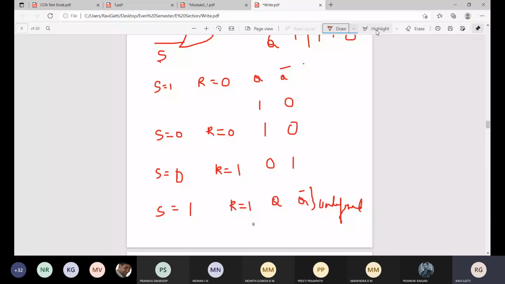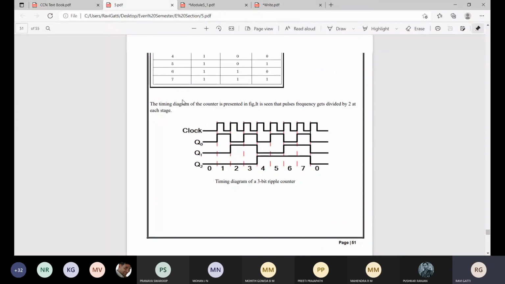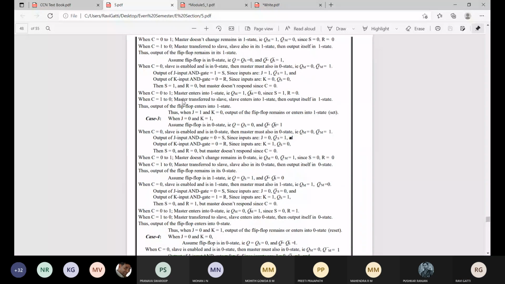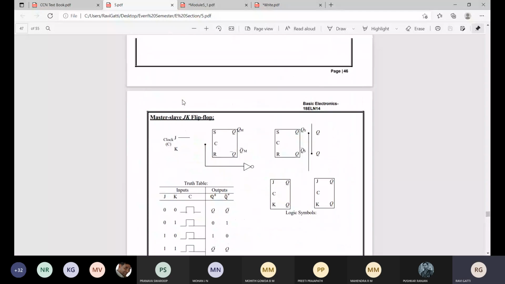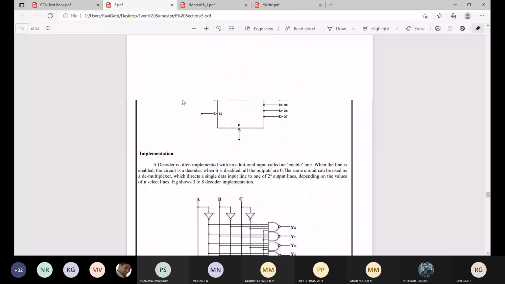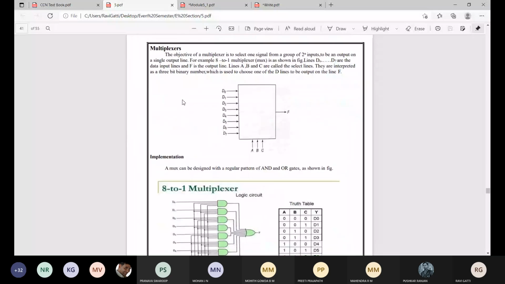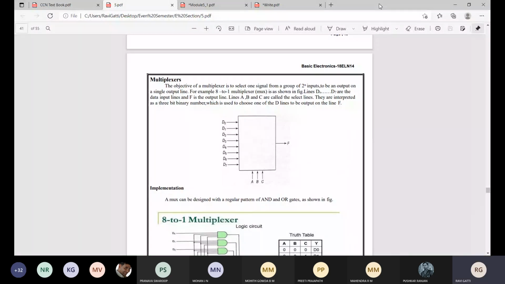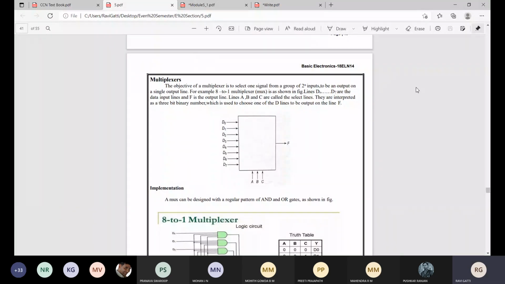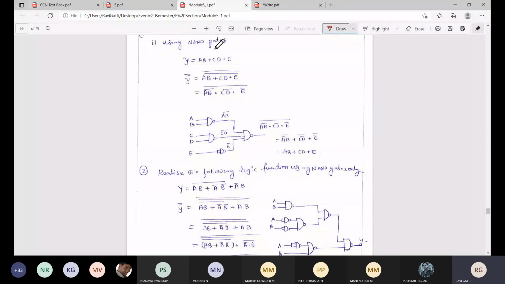Have you heard anywhere about multiplexers? What do you mean by multiplexer? Anyone? Okay, just wait a minute.